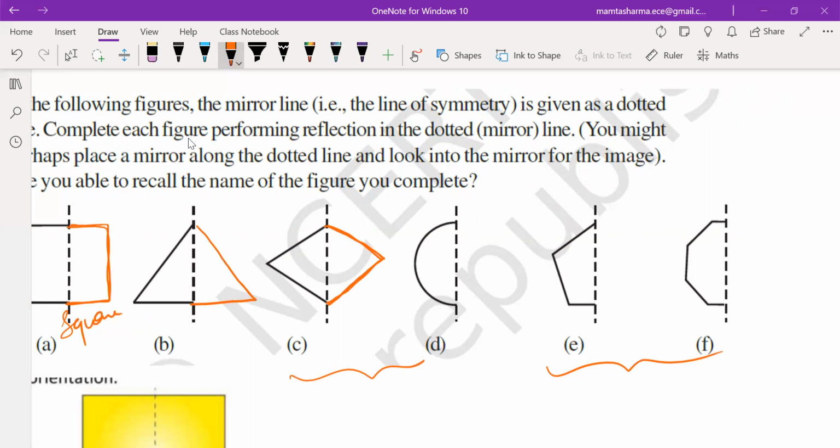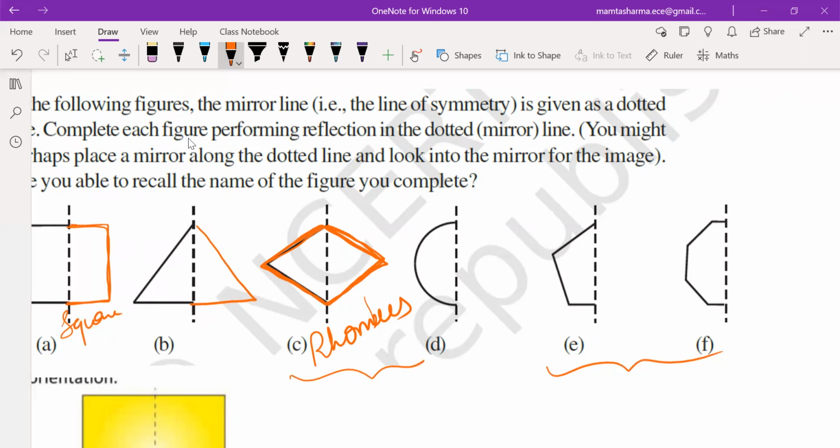Or diamonds, they all seem the same. They are a kite, but a special kind of kite. If all sides of the kite are the same, it would be a rhombus. Okay, this would be a rhombus.